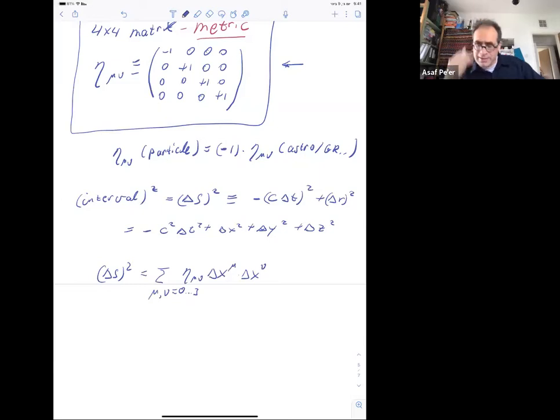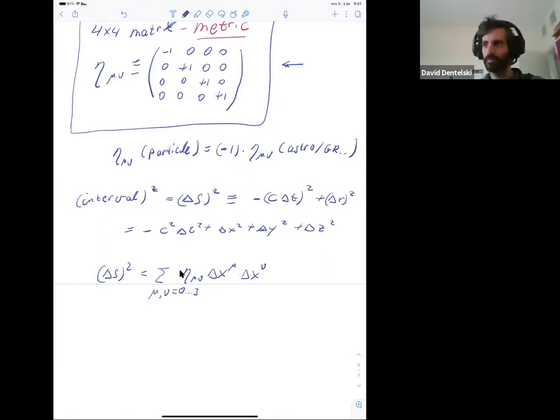Now, do you see that this equation that I just wrote is the same as the interval that I wrote previously? No, you don't see that? Well, let's see. What happens if mu is different than nu? How many terms are we summing over? 16, right?